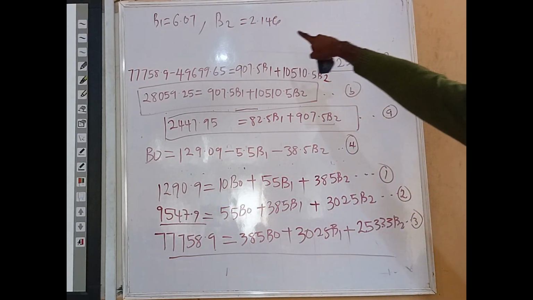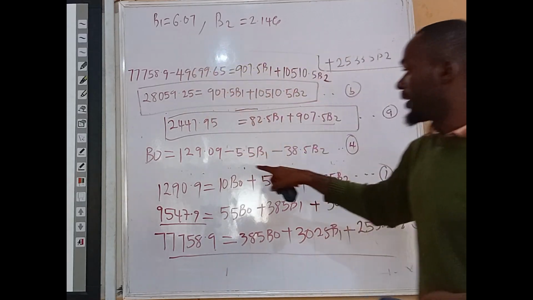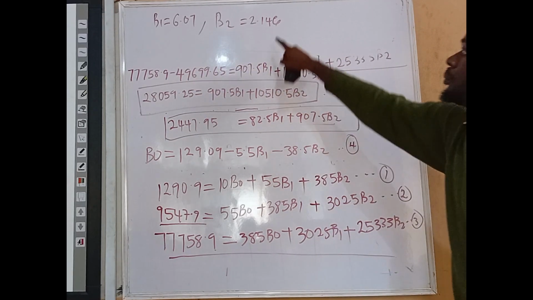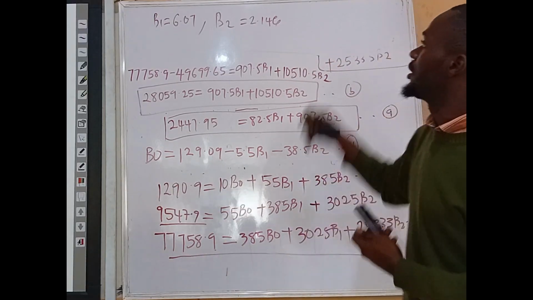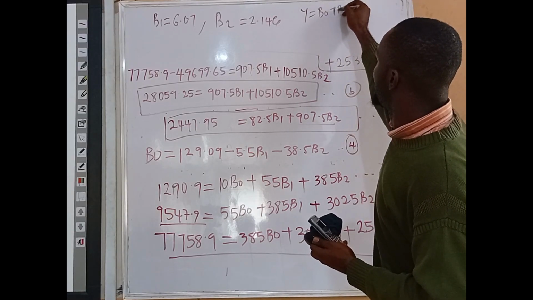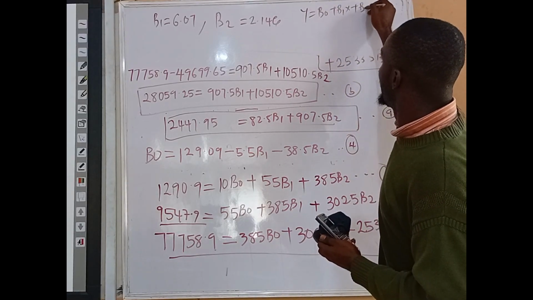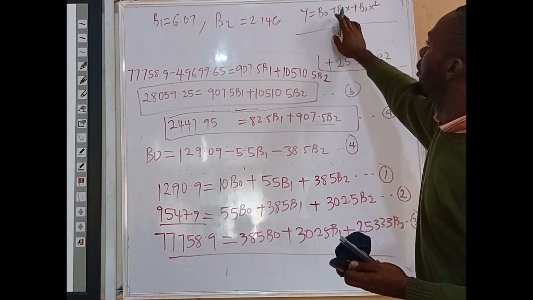So you take these things now, look up, put your B1 here, put your B2 here, you found your B0. Then your equation is now what? You now put your B0 here, put your B1 here, put your B2 here.